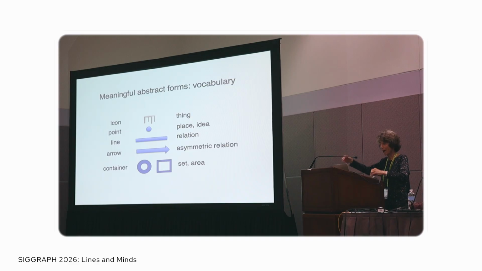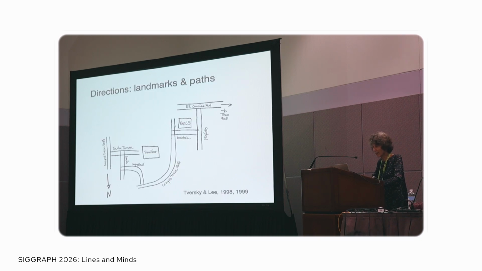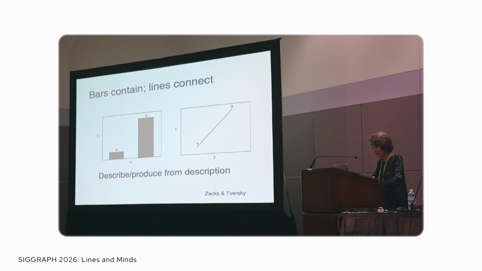Again, we're making lines in space, and where we settle, we make areas or boxes. So part of our semantics is bars contain and lines connect, and that changes the meaning of the graph.